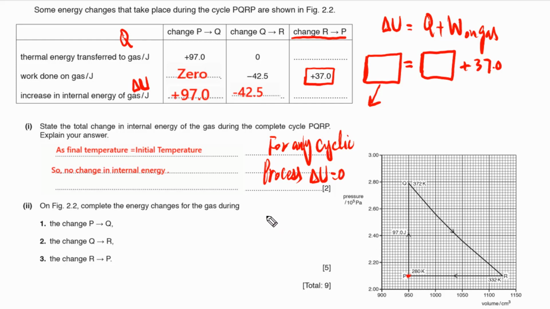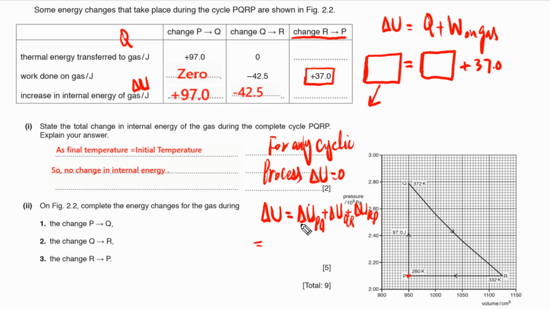So for this complete cycle, delta U has to be equal to 0, and we already have delta U from P to Q. Then we can also add delta U from Q to R, plus delta U from R to P, and this has to be equal to 0.